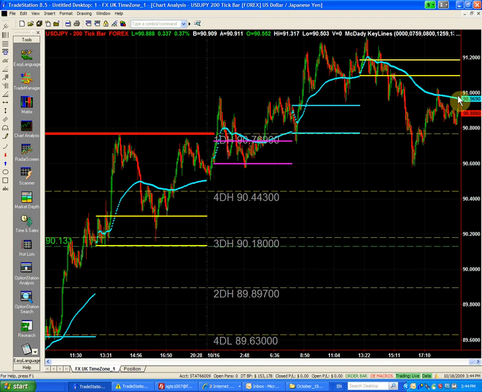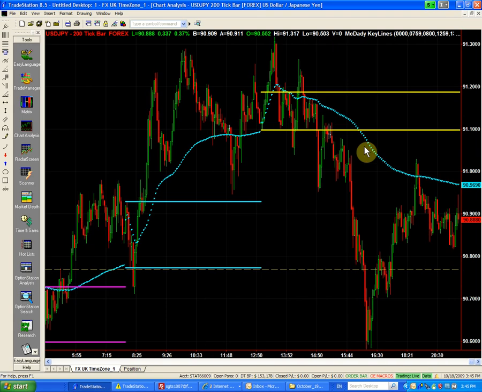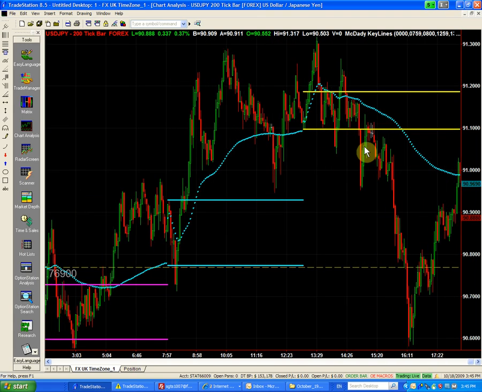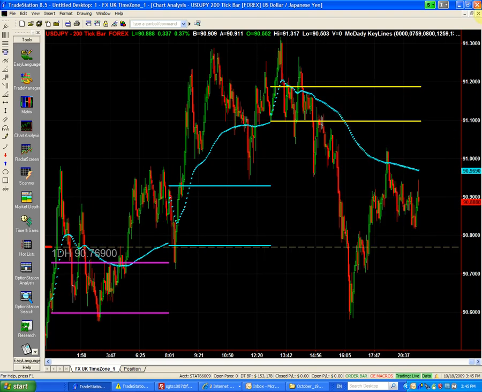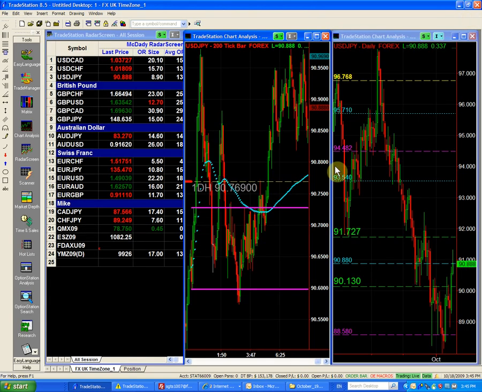So that is still a positive sign, and as we have planned on our radar screen, if the dollar yen trades below this momentum high, in this case 90.76, then we can initiate a short.